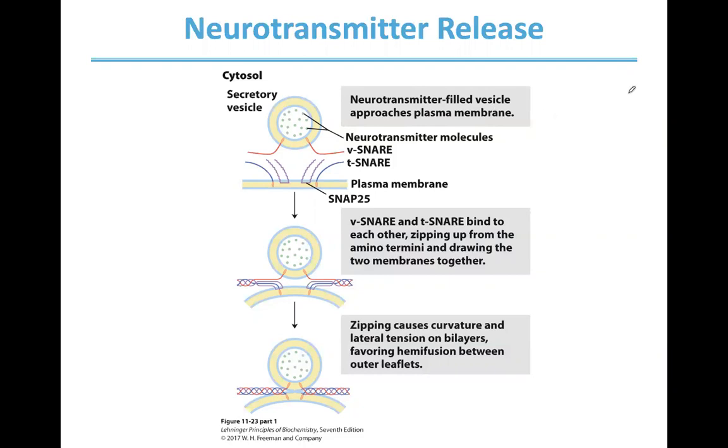So if this is, let's say, a synapse, and there is a presynaptic neuron and a postsynaptic neuron, inside of this there will be vesicles with neurotransmitter present.